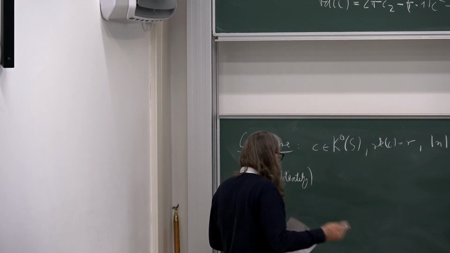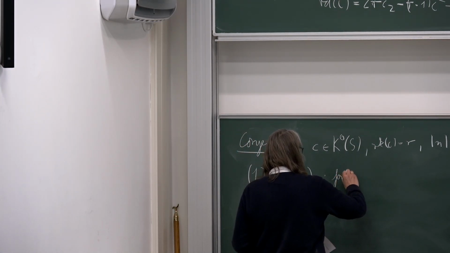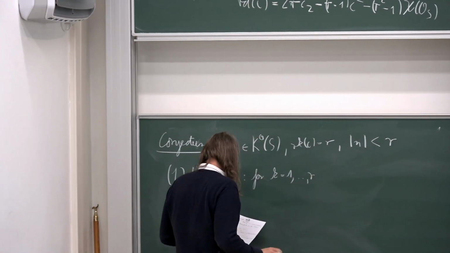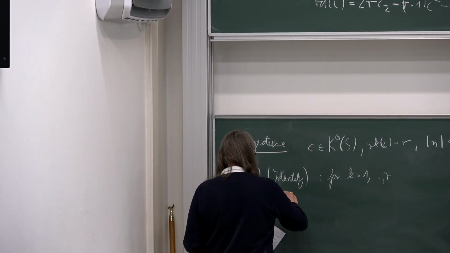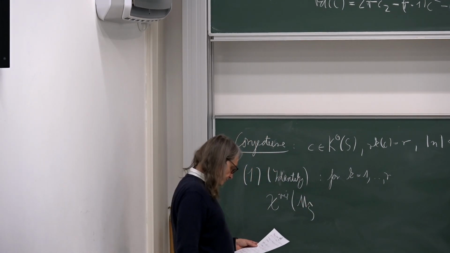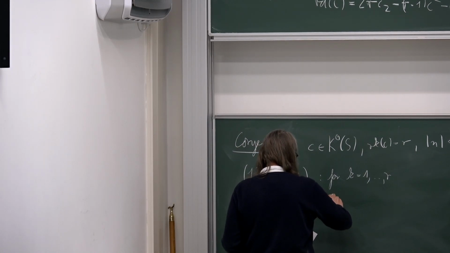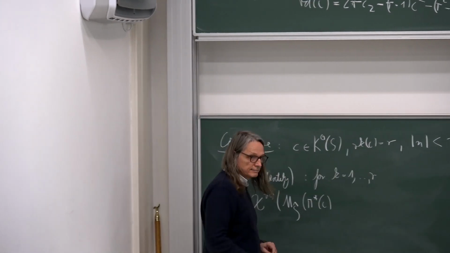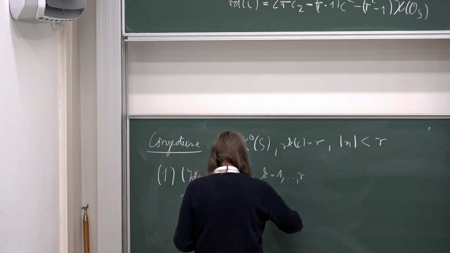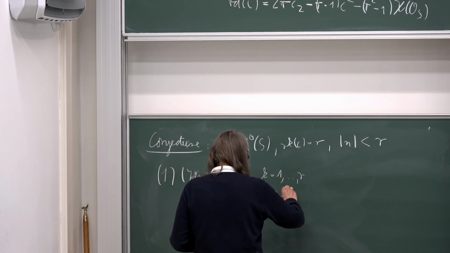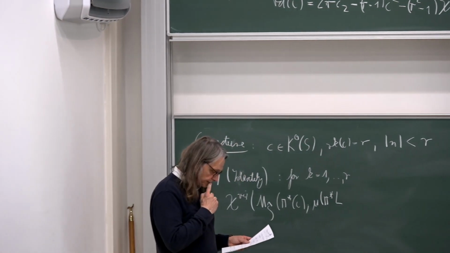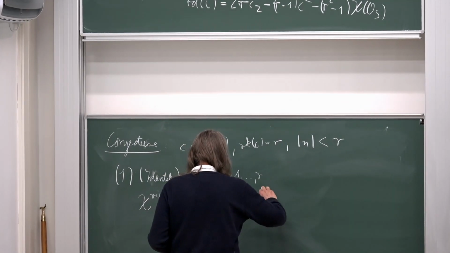Namely, say, for k from 1 to R, if I take the virtual holomorphic Euler characteristic of this moduli space on the blown up surface, and I take the pullback of C as the K-theory class which determines the moduli space, and I take as my line bundle the pullback of L, twisted with some small multiple of the exceptional divisor.